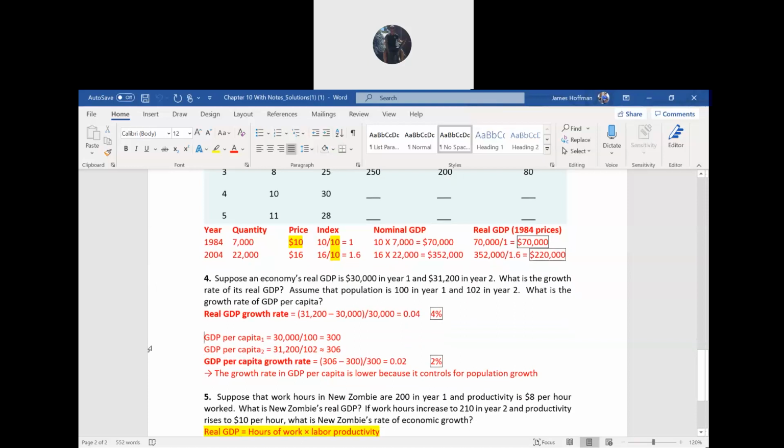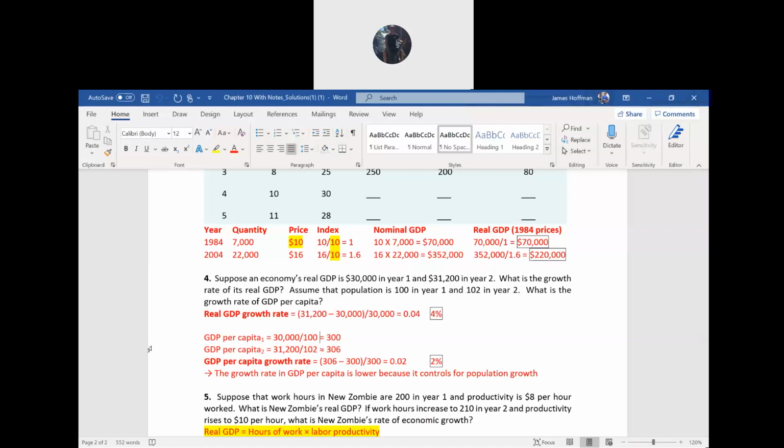Okay, so the next part asks for what was the growth rate of GDP per capita. To do that, we first have to get GDP in per capita terms, right? So GDP per capita is just GDP divided by the population. In year 1, the real GDP was 30,000 and the population was 100.